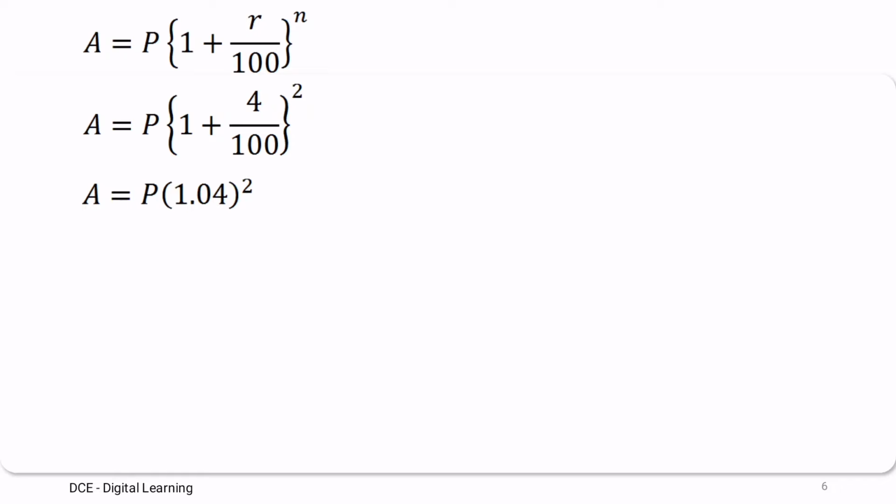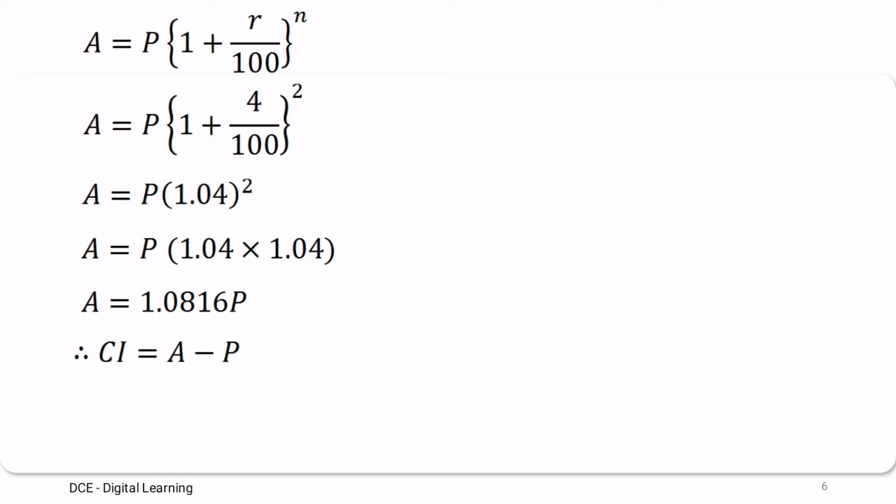So P into 1.04 raised to 2. Now 1.04 raised to 2 equals 1.04 into 1.04, which is 1.0816, into P. So 1.0816 P. This is the amount A.